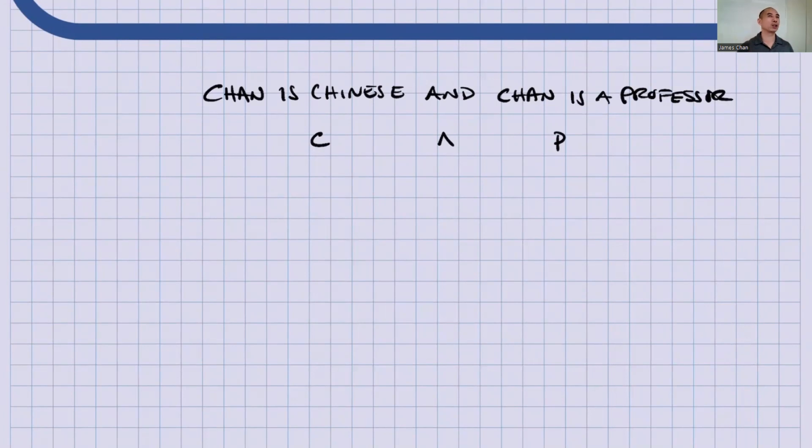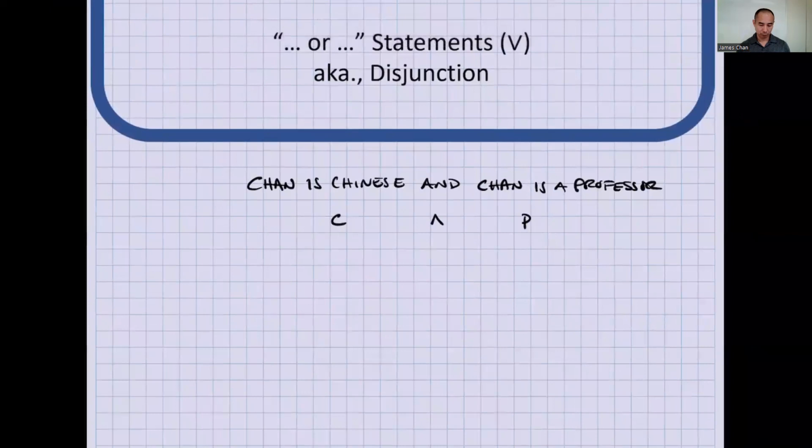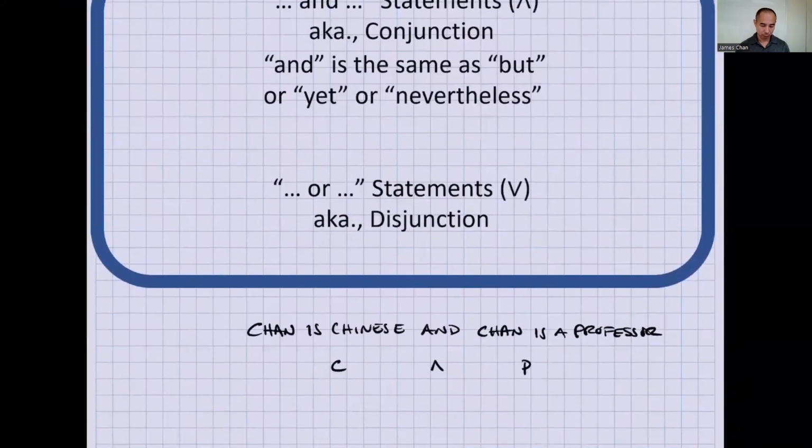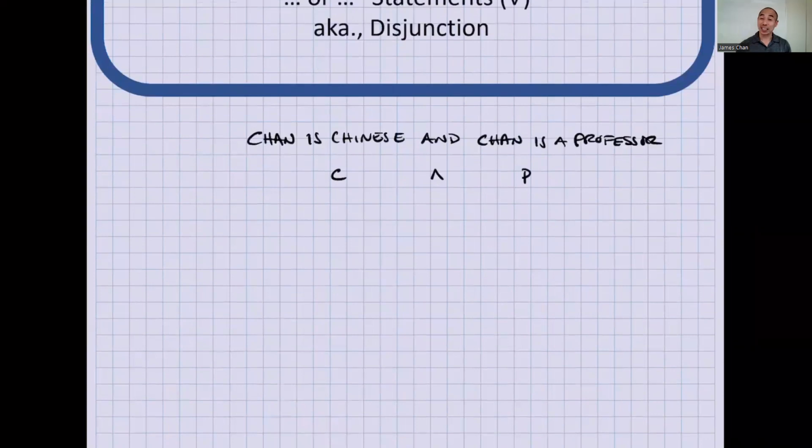So we'll get to that with the truth tables. I guess you could write down Chan is Chinese, but he is a professor. Or Chan is Chinese, nevertheless, Chan is a professor.